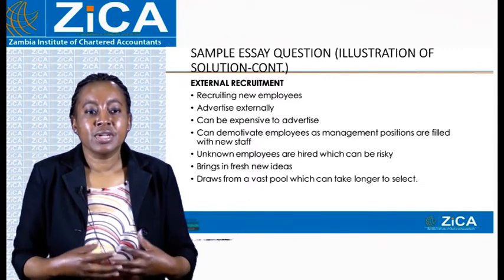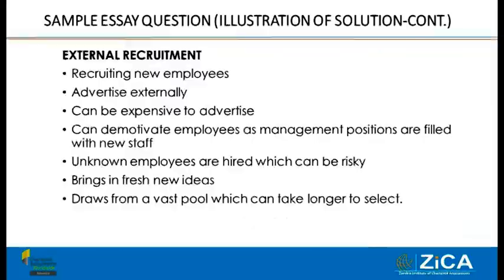Advertising is external, can be expensive to advertise, can demotivate employees as management positions are filled with new staff. Unknown employees are hired, which can be risky because these are people that you don't know, brings in fresh new ideas, draws from a vast pool, which can take longer to select.